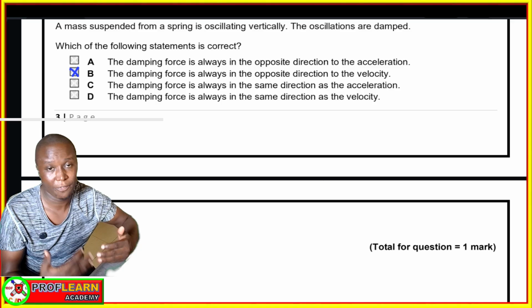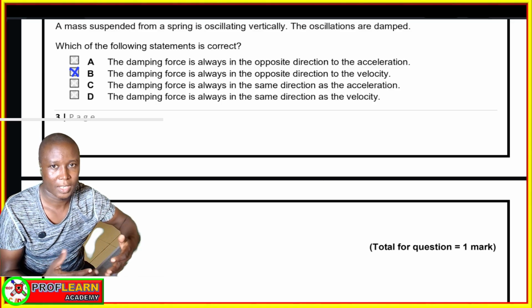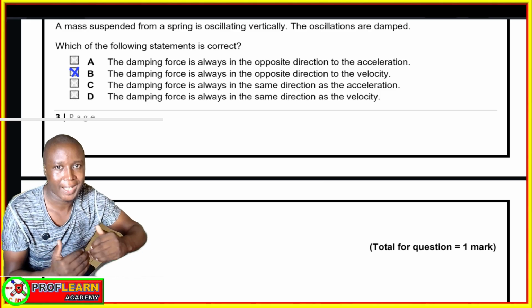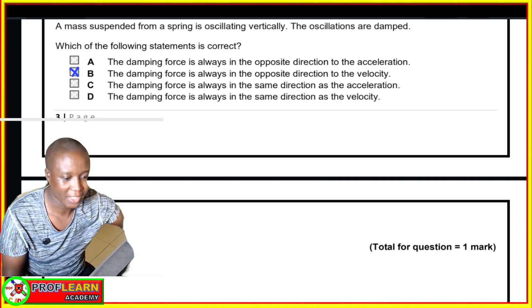Therefore, that means the force must be acting in the opposite direction to the velocity of the object.